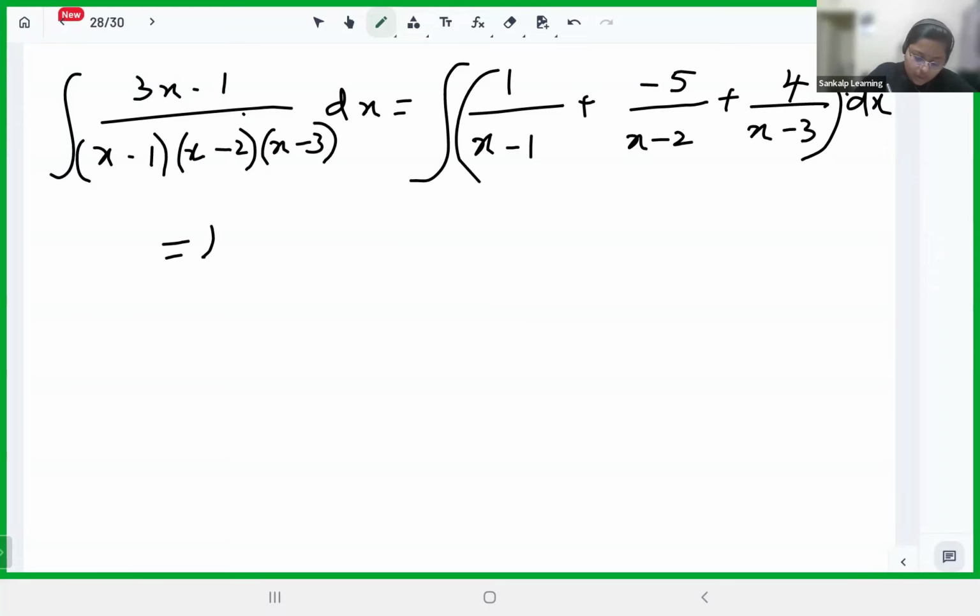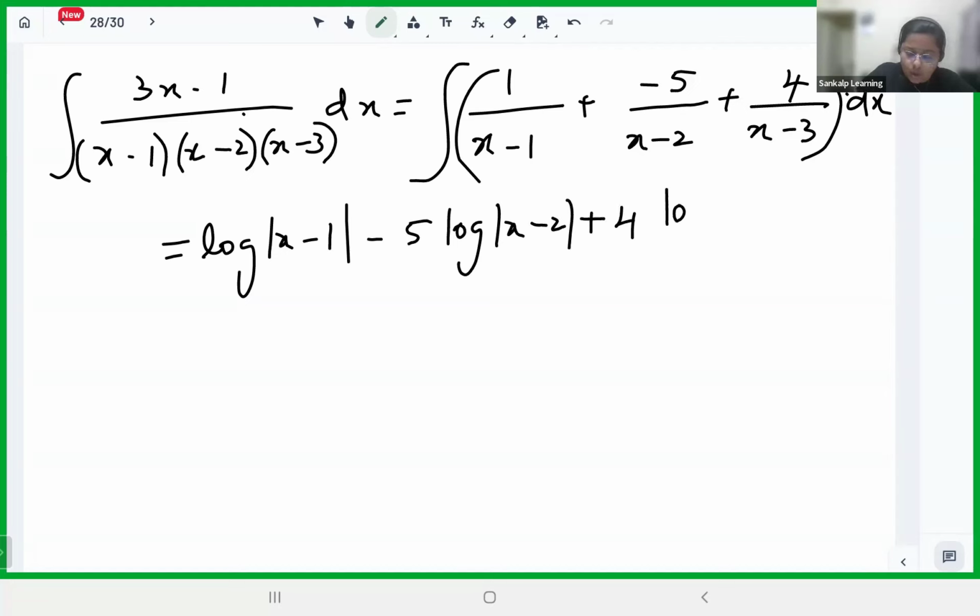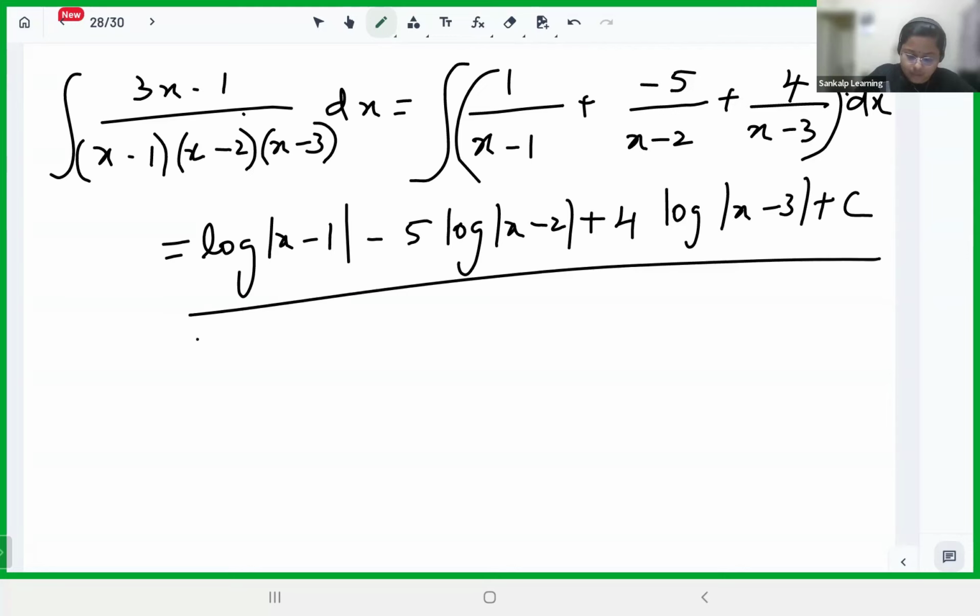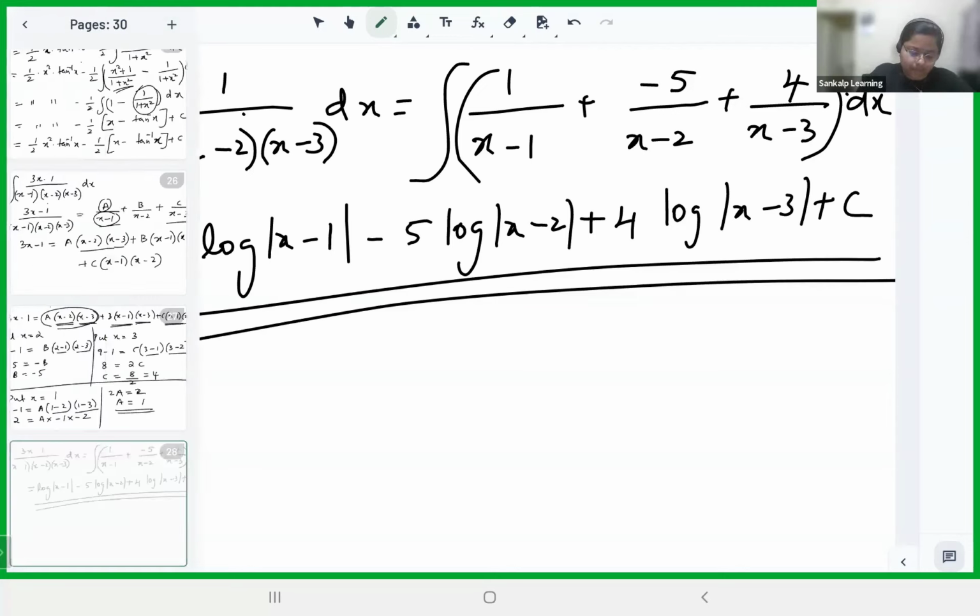So this is equal to log mod (x minus 1) minus 5 log mod (x minus 2) plus 4 log mod (x minus 3) plus c. Okay, so this is the answer of that question.